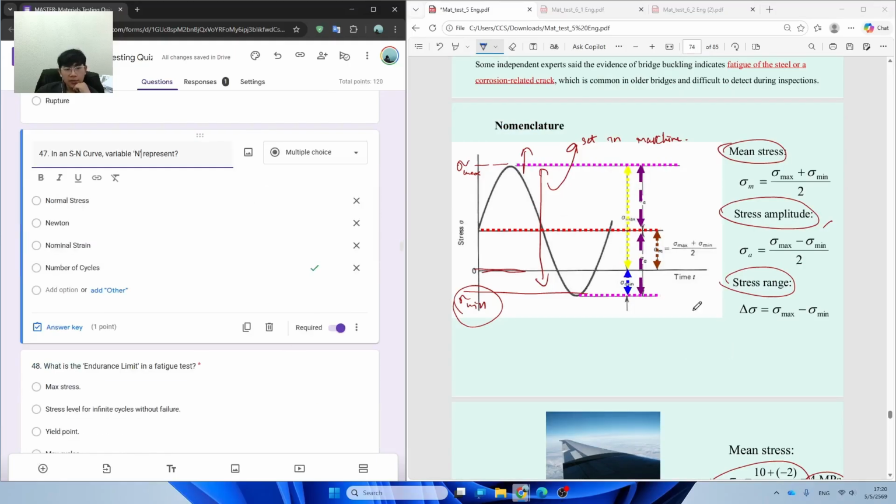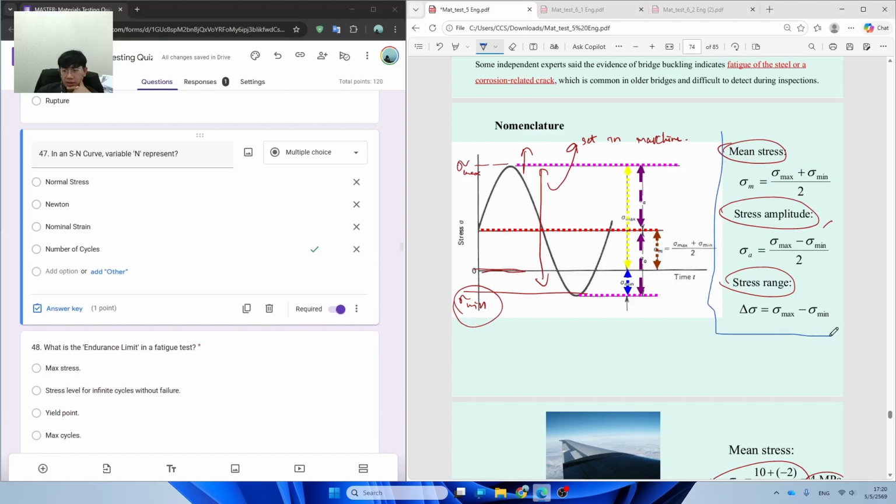Next, I would like you to remember these few short equations. You can see that the mean stress is really easy to calculate. Mean stress means the average stress. For example, if you load the sample to a maximum force of 10 and then unload to a minimum of minus 2, this is going to be 10 plus minus 2, which is 10 minus 2, divided by 2.